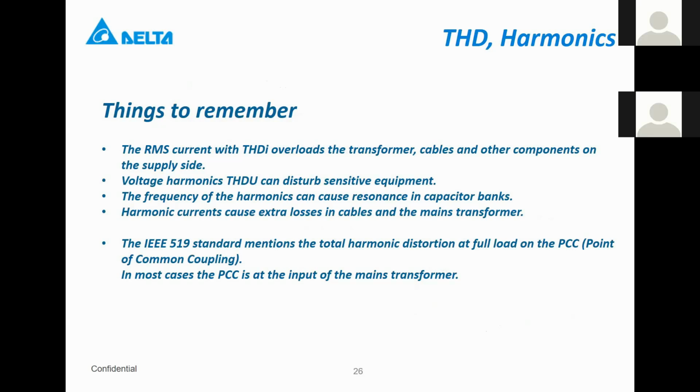So it depends on the product itself if it can be influenced by harmonic distortion of voltage. Also, the higher harmonic frequencies can cause a resonance in the capacitor bank if they are used in the factory. Harmonic currents can cause extra losses in cables and also in main transformers.